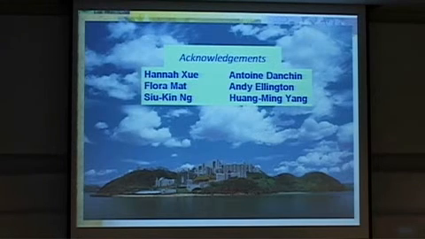And I would like to thank Hannah Xu, Flora Matt, Shu-King Ng, Antoine Danchen, Andy Ellington, and Huai-Ming Yang for their collaboration. Right now, Andy Ellington's group has extended our approach to E. coli.